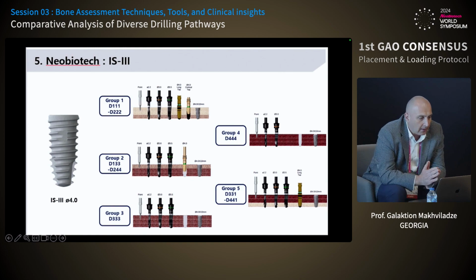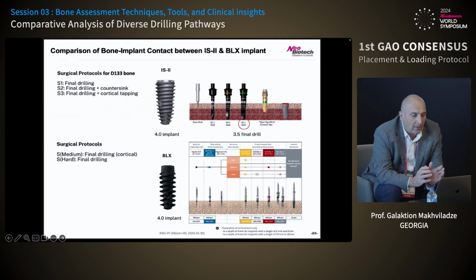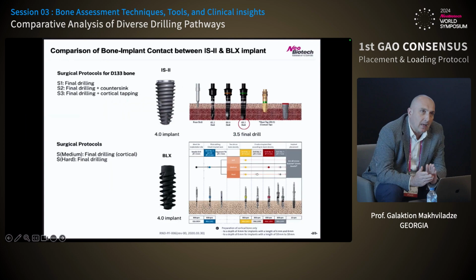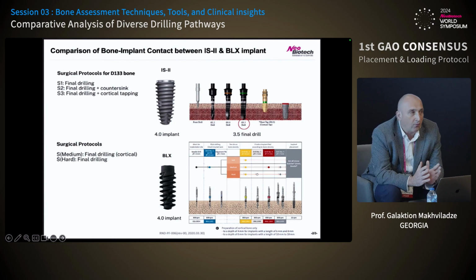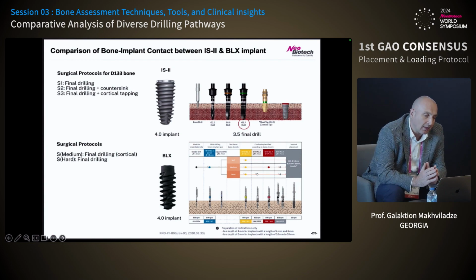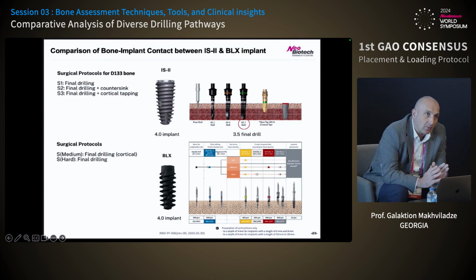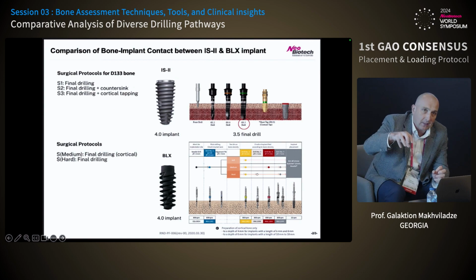Let's compare the bone implant contact between the IS2 implant from NeoBiotech and the BLX implant. Here are 2 scenarios of the drilling protocol in the surgical protocol with NeoBiotech IS2. The first one is final drilling with countersink, which means the widening of the coronal part of the implant.